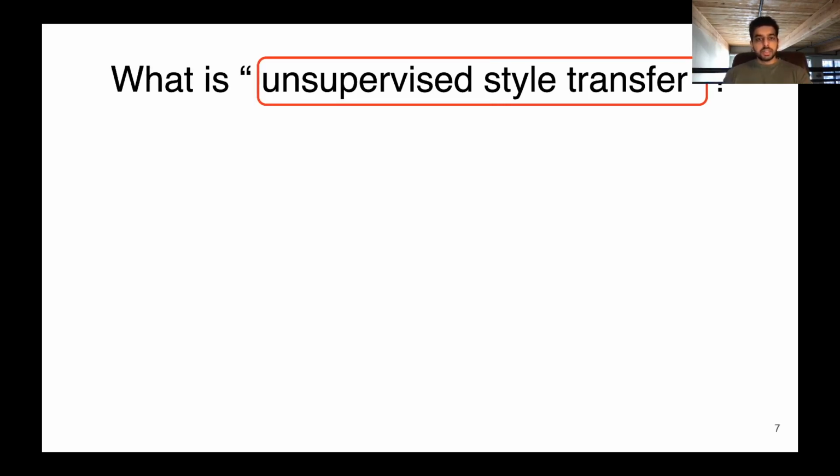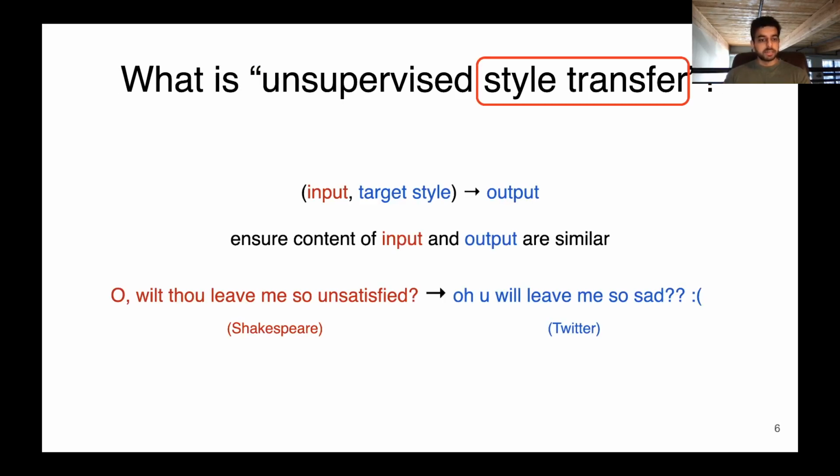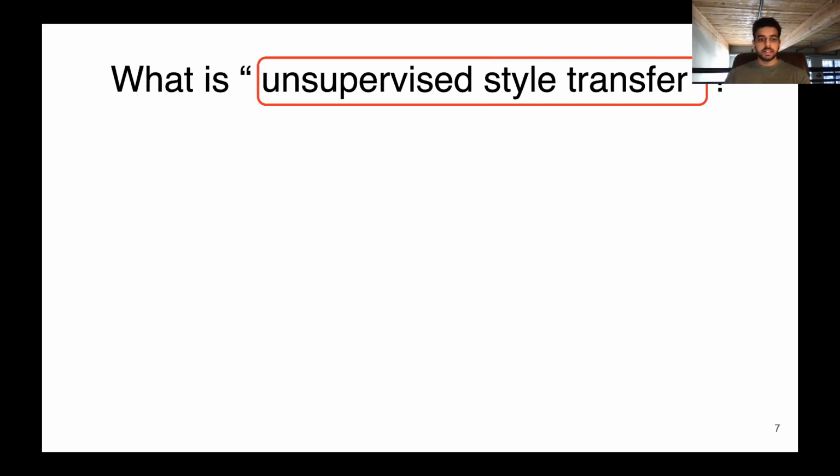Okay, so what does the unsupervised part here mean? That means that we don't have any access to paired data between two styles, right? It's very unreasonable for me to expect that somewhere out there someone has translated all of William Shakespeare into Twitter speak, although maybe people have done this, I don't know.